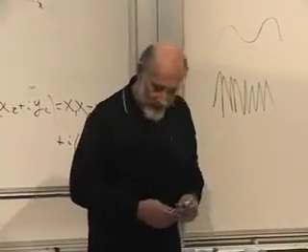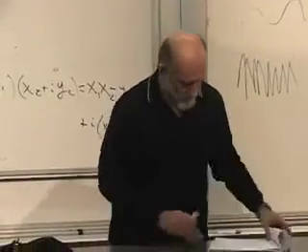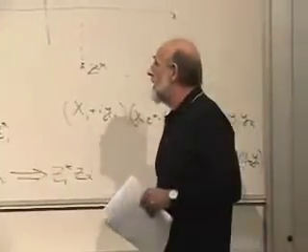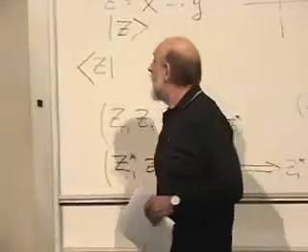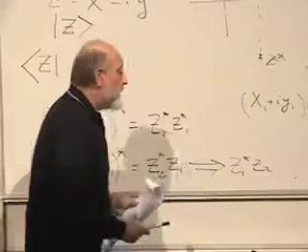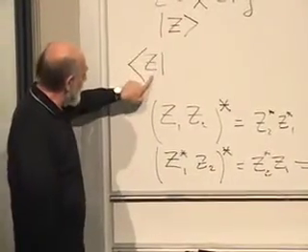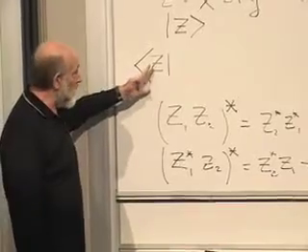It's really the same plane, but we think of them as 2 different vector spaces. But there's a mapping between them. For every complex number, there is a complex conjugate. For every ket vector z, there is a bra vector z, its complex conjugate.